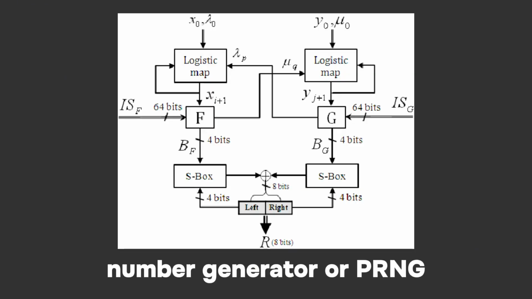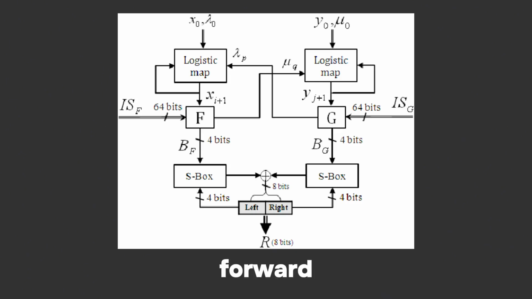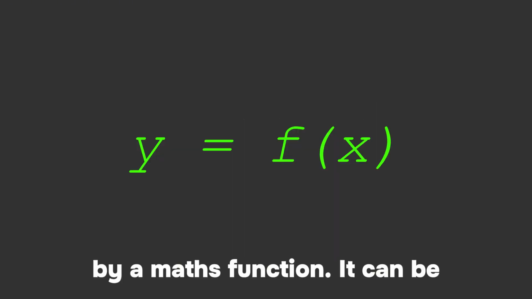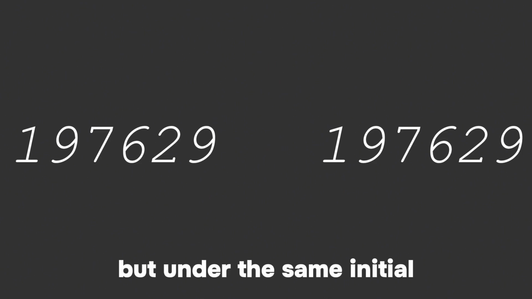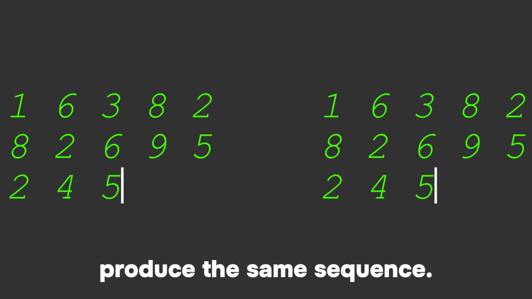The idea of a pseudo-random number generator, or PRNG, provided a possible path forward. A PRNG is a random number generator expressed by a math function. It can be called repeatedly to deliver a sequence of random numbers, but under the same initial conditions, it will always produce the same sequence.